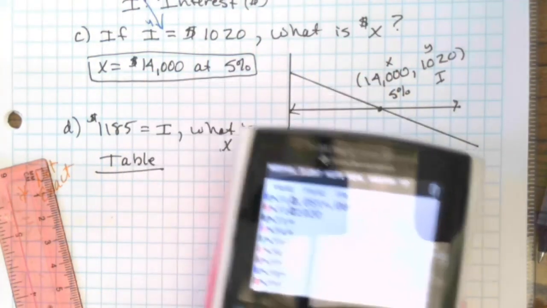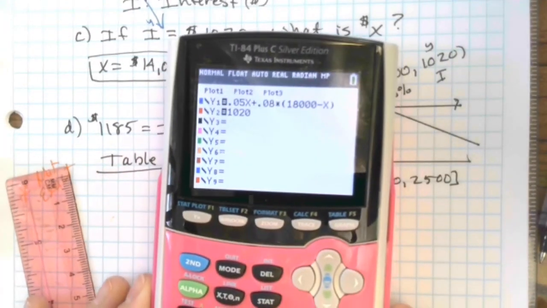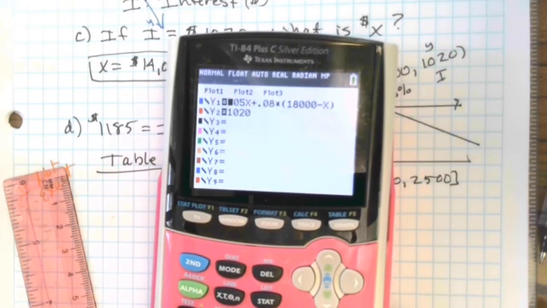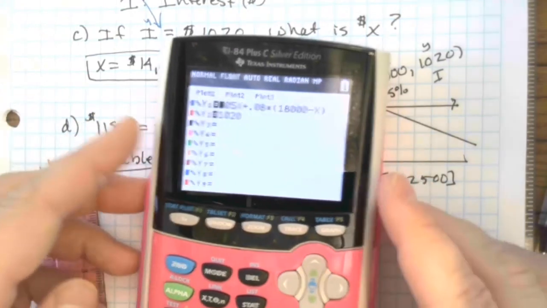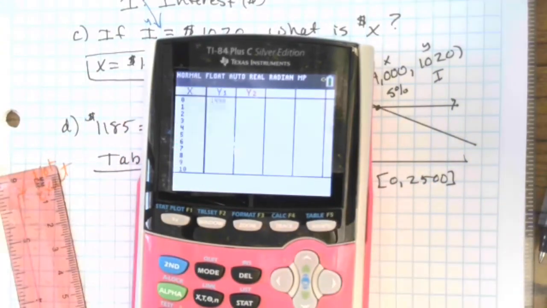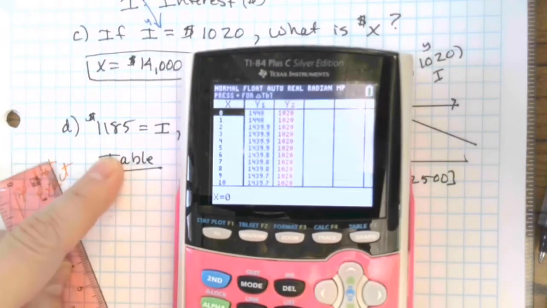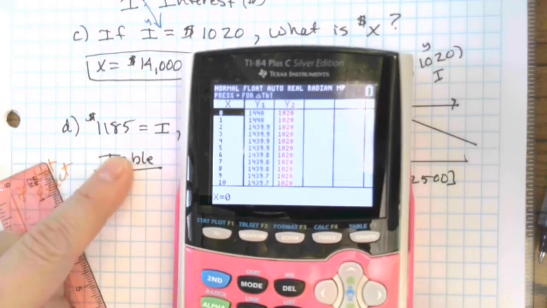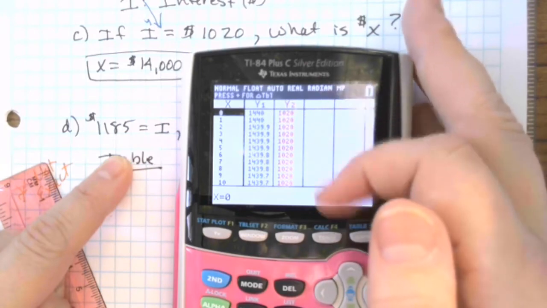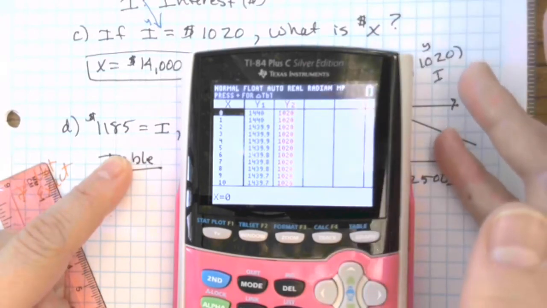We're more interested in $1,185, and we want to know what's going to make that happen. If all you do is press table, these values are not calculated from each other. They're calculated only from the equation separately. Well, we want to know, using our equation, what will make interest $1,185. And you can tell this is wrong because the y's aren't changing.